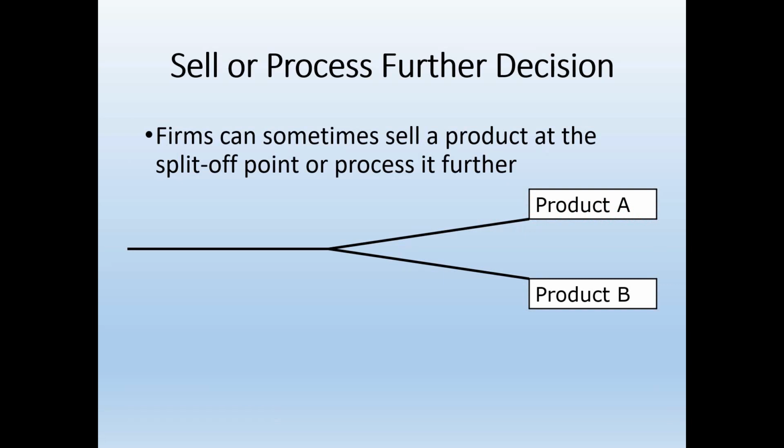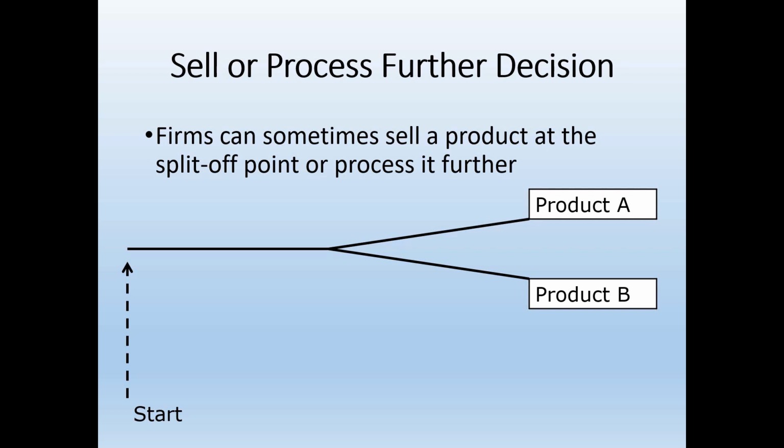Sometimes a firm has to make a choice whether it makes better economic sense to sell a product at an intermediate point in its production or continue to process it further. For example, let's say that a firm owns an apple orchard.